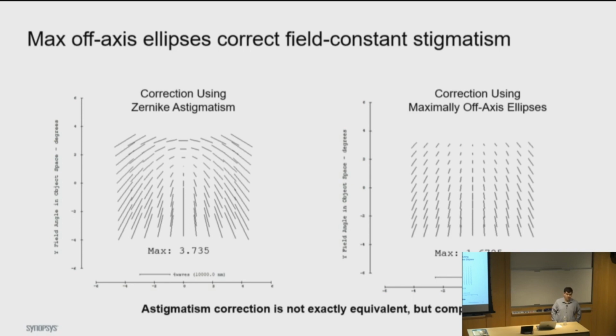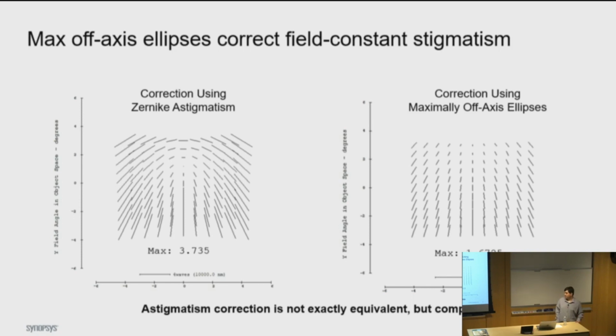Remember, we started with 20, and now we're down to 4. Also, you can see based on the orientation of the lines that this is going to be a different field dependence than the earlier astigmatism. This is our field asymmetric, field linear astigmatism. So that's the kind of correction that we would expect to see here, and it's what we achieve.